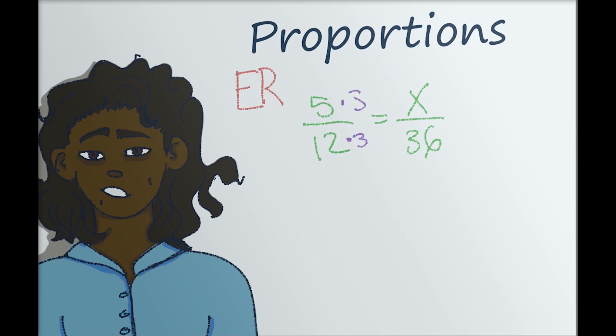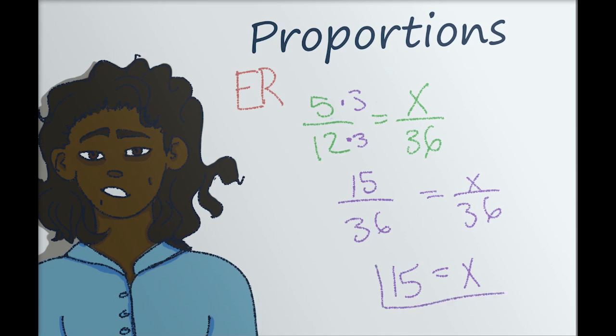And what that leaves you with is 15/36 is equal to x/36. So with that, you can safely assume that x is equal to 15, which is the exact same answer that we got in the last run of this with cross products. So you know that it works.